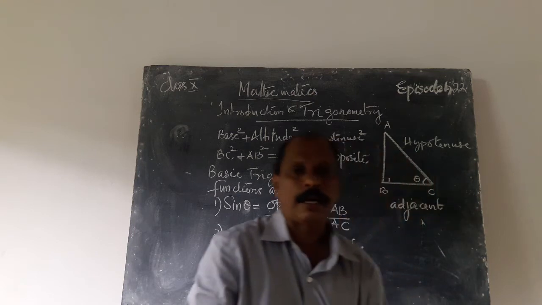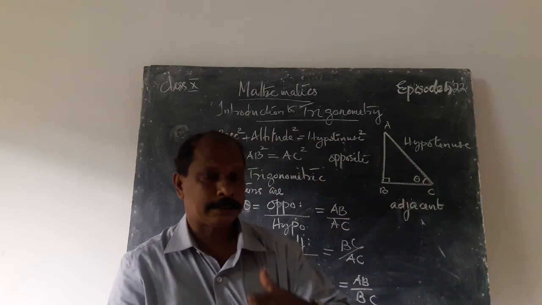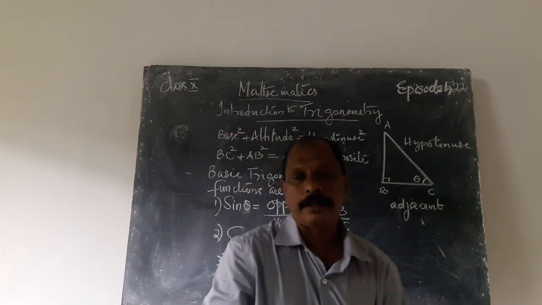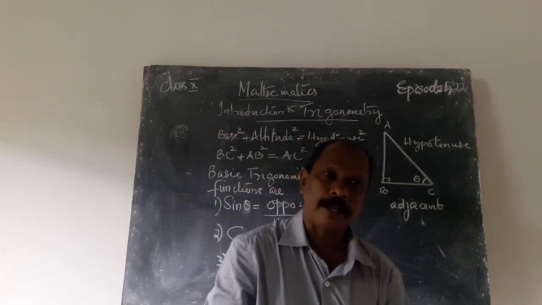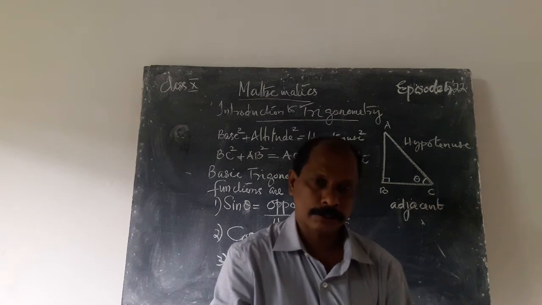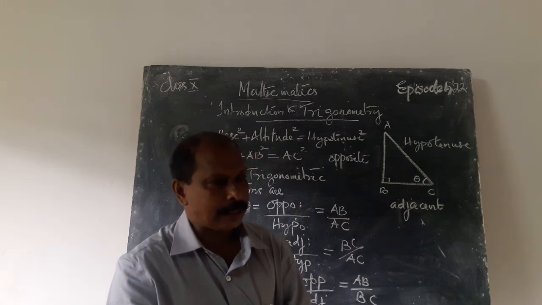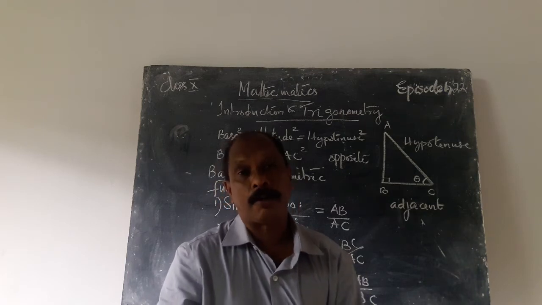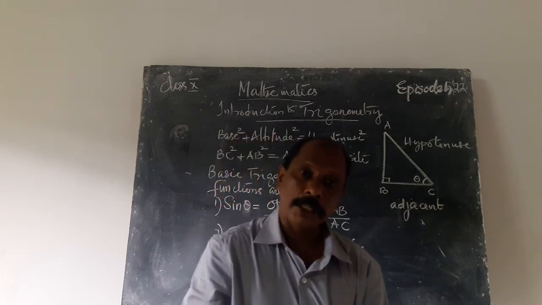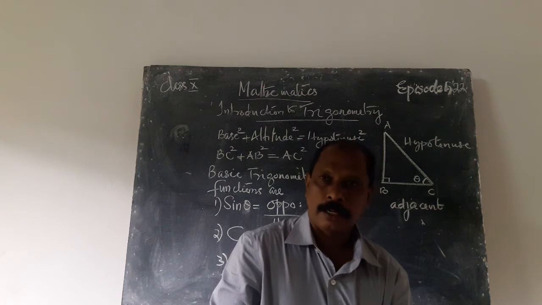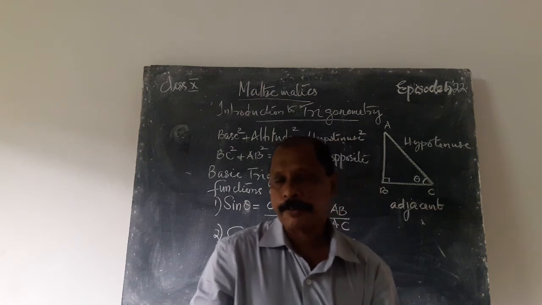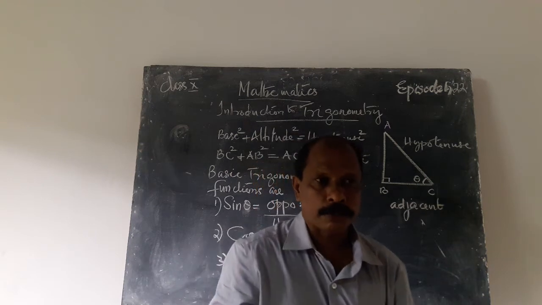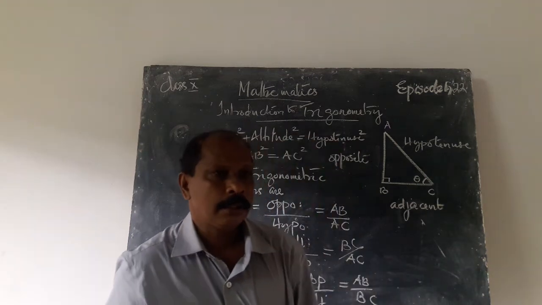It has three sides: the base, the altitude which is perpendicular to the base, and the third side, against 90 degrees, known as the hypotenuse. The relation between these sides is the Pythagorean relation: base square plus altitude square is equal to hypotenuse square.